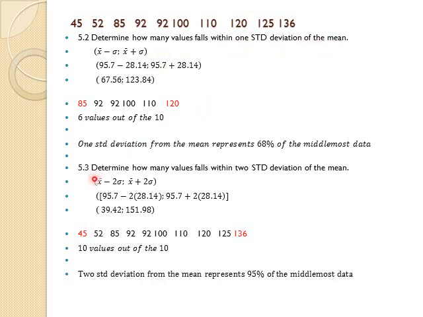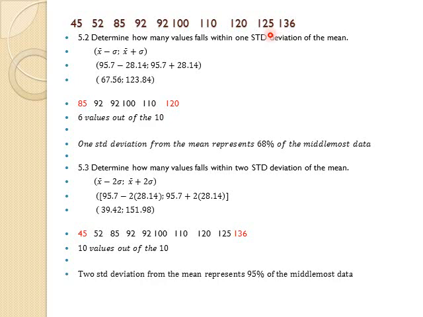Now mathematically, 1 standard deviation from the mean represents roughly 67%, or in this case 68%, of the middlemost data. So we use it to check. If 100 learners wrote a test, 68 out of the 100 should fall within 1 standard deviation of the mean, meaning their results must be within that.